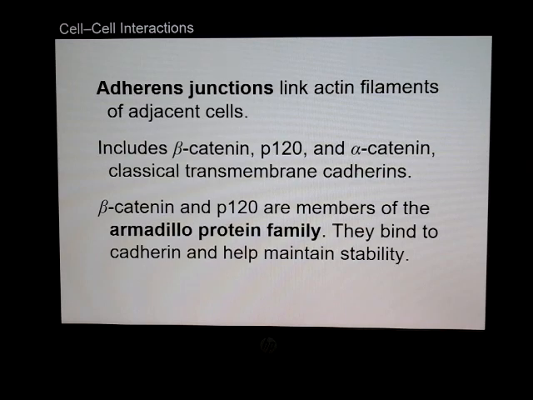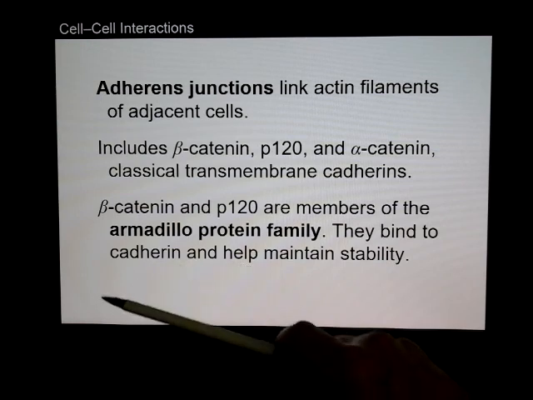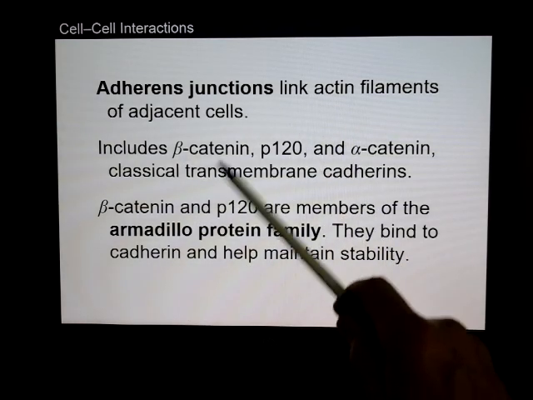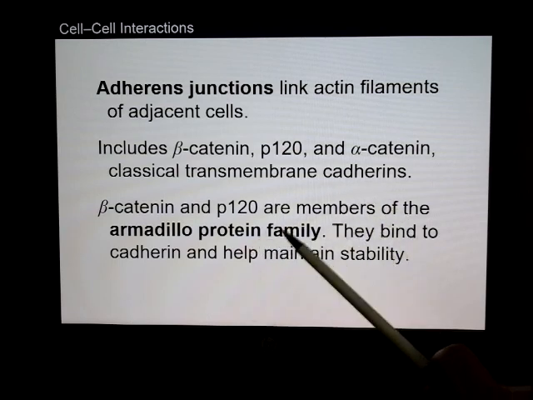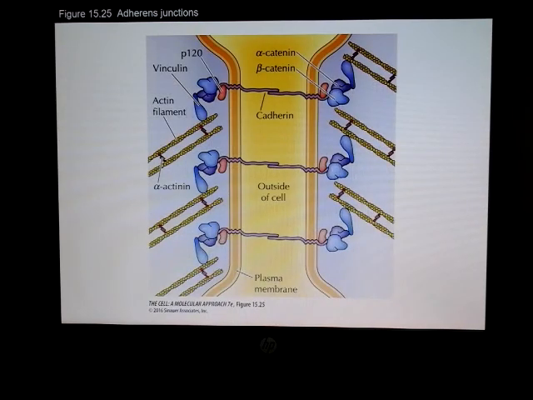And interestingly, we have a couple of different proteins involved in this, the catenins, guys, and p120. For whatever reason, they call them members of the armadillo protein family. I'm not exactly sure why, but maybe armadillos have more. Okay, and that's an example of some interactions there.